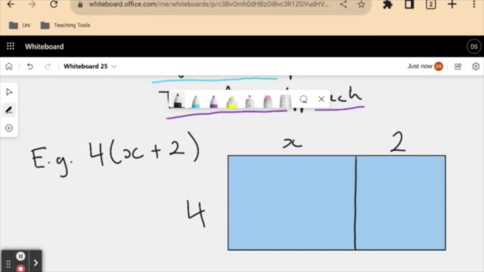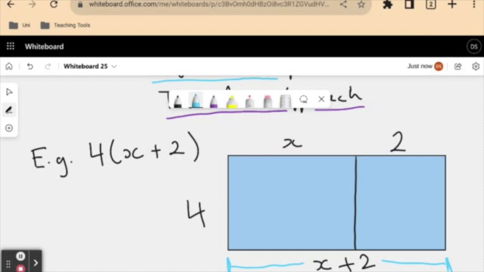Now, you can probably see that if I were to find the total length from here to here, so along this edge, that would be a total length of whatever x is added to 2. So down the bottom here, I'm just going to write that, this is like saying x plus 2 from here to here.